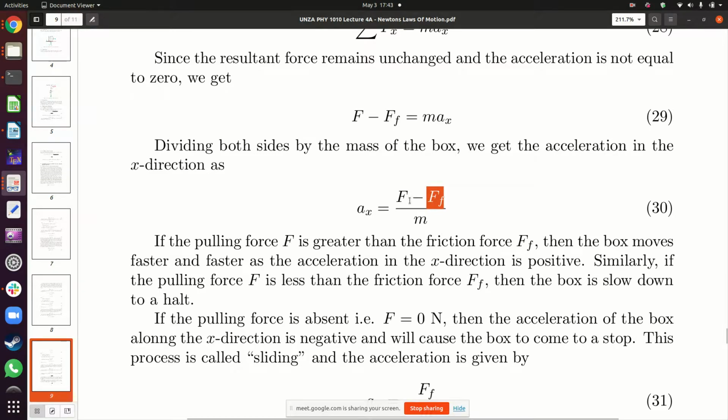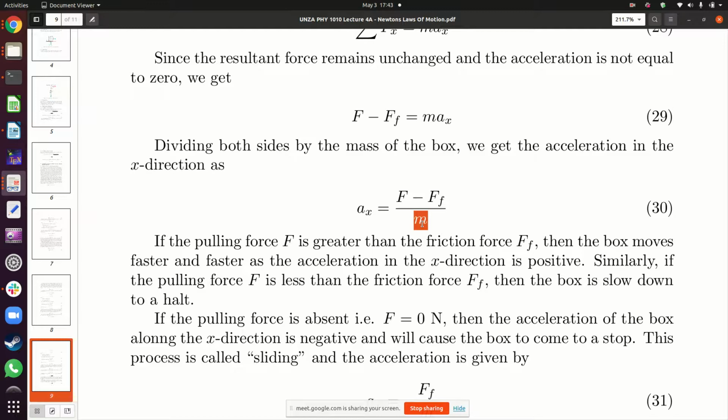The easiest case to look at is when the pulling force is greater than the friction force. If the pulling force is greater than the friction force, this F minus Ff will give you a positive resultant force. So if you get a positive resultant force, then you divide by the mass. Then what you're going to get is a positive acceleration.